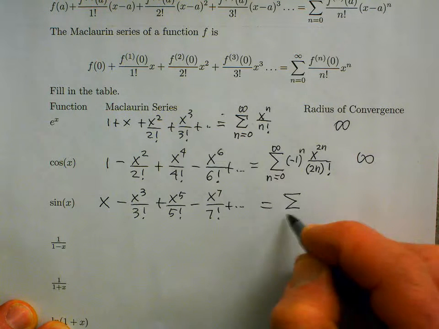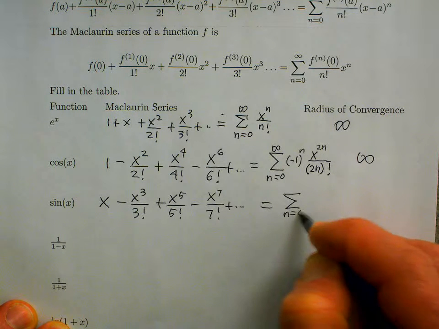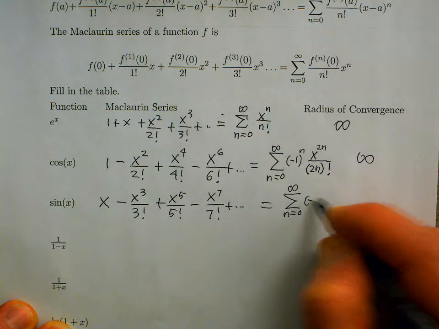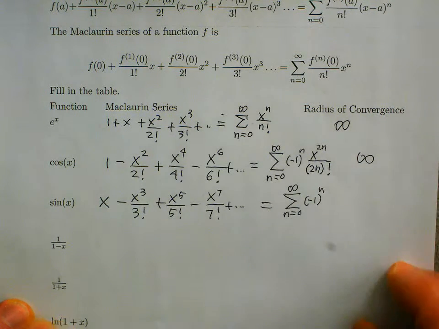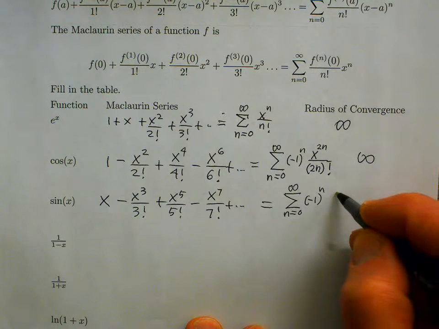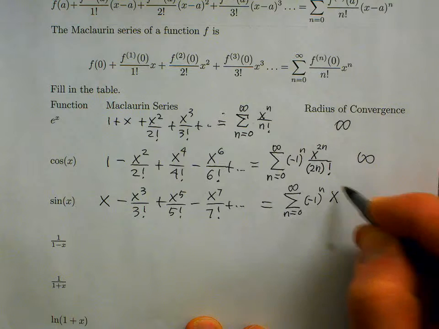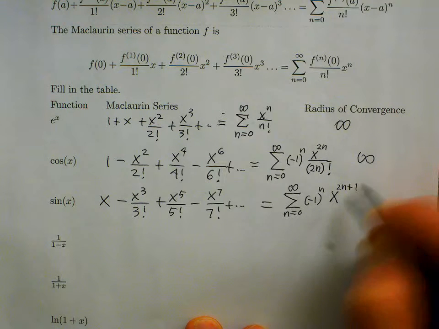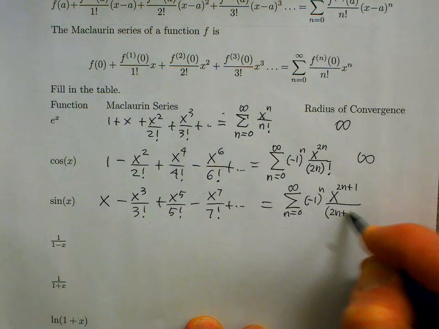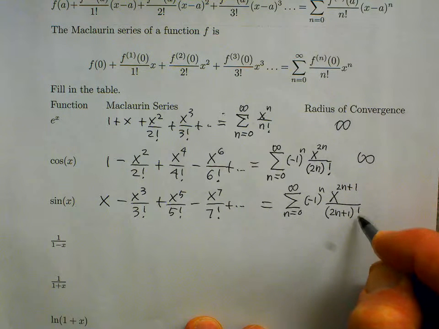So sigma starting from n equals 0 to infinity, -1 to the nth. And this time the terms are x to the 2n plus 1 over 2n plus 1 factorial.